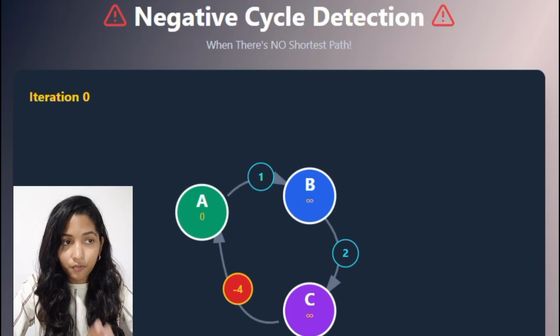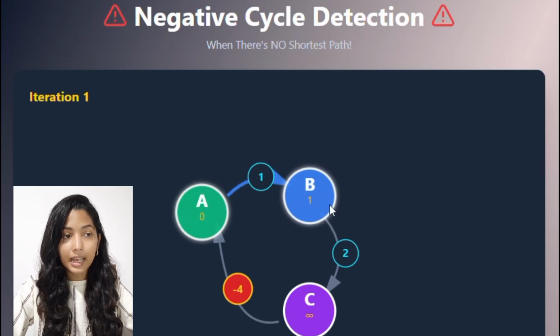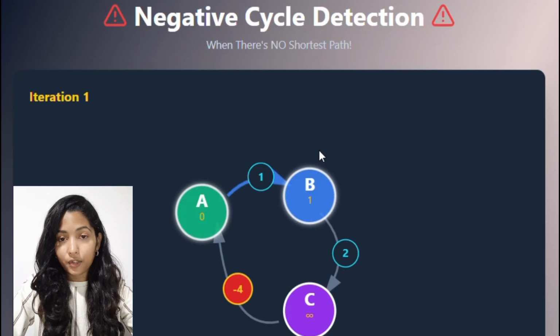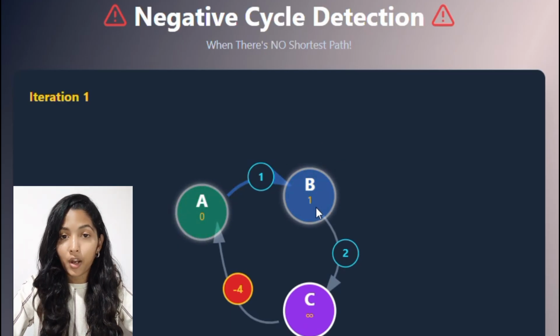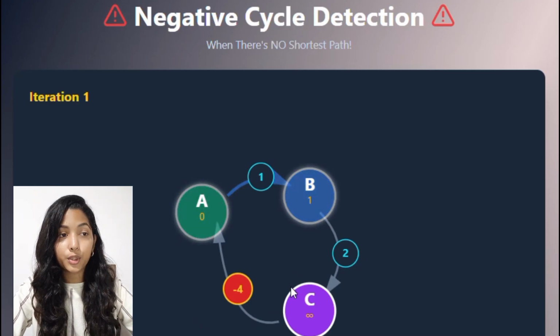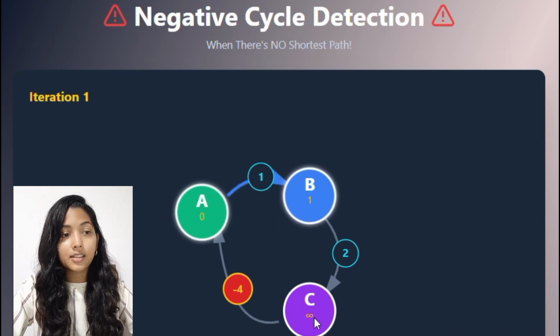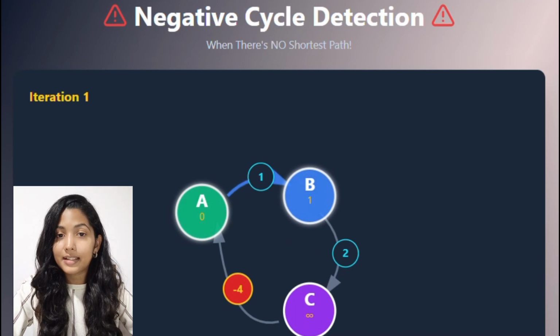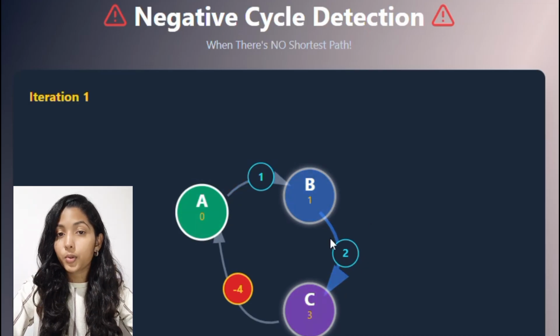In iteration 1, first we relax edge A to B. The calculation is 1, which is less than infinity, so we update B from infinity to 1. Next we relax edge B to C. The calculation is 1 plus 2 equals 3. So 3 is less than infinity, and we update C from infinity to 3.